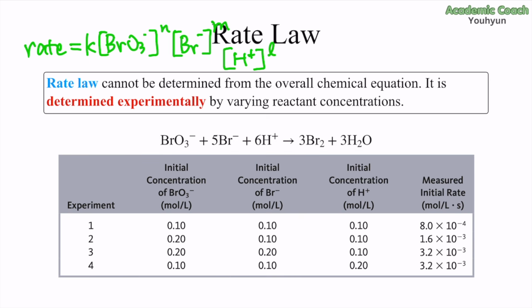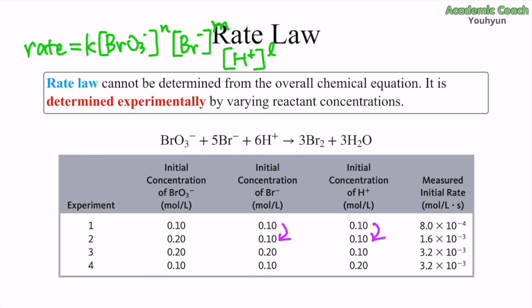To figure out the power of the bromate, we need to make sure the other two species remain constant. So out of these four experiments, I need to find two experiments where the concentration for bromide and protons remain the same. And that would be experiment 1 and 2.